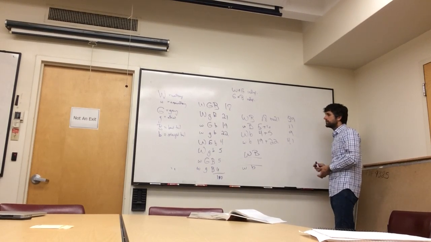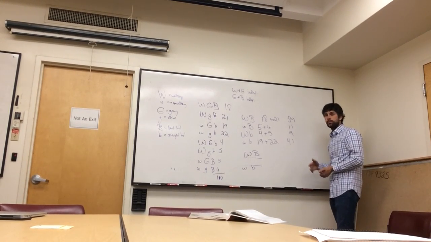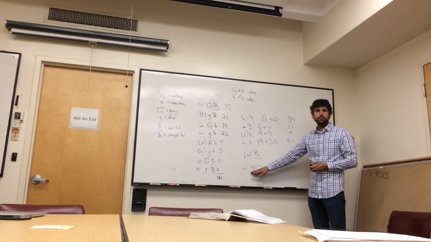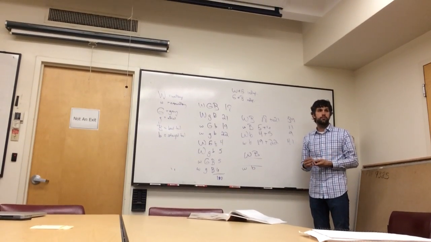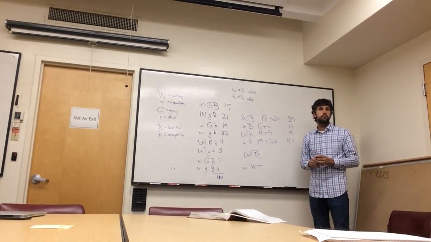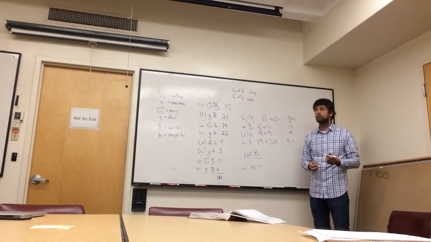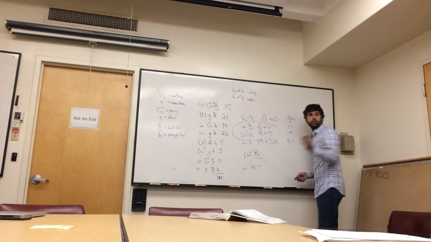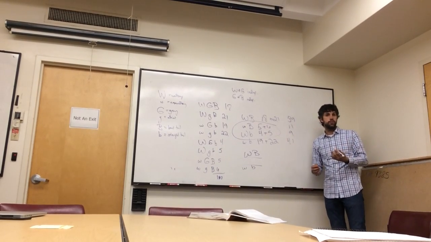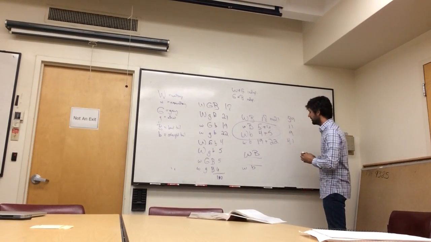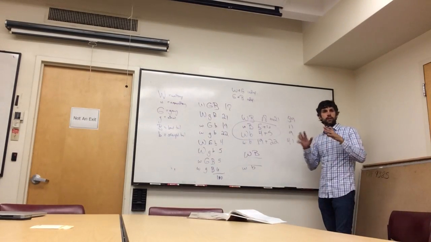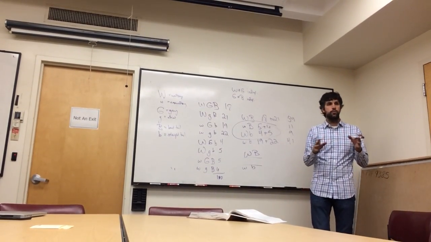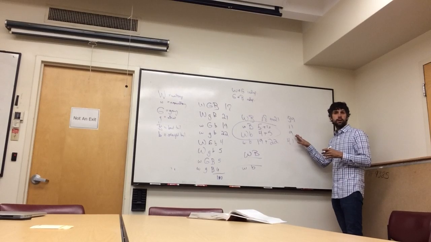what is the recombination frequency between W and B? If these are the parental genotypes, then what are the recombinant genotypes? Okay, these are the recombinant genotypes. And so, once again, to get crossover frequency, we add up the recombinants.